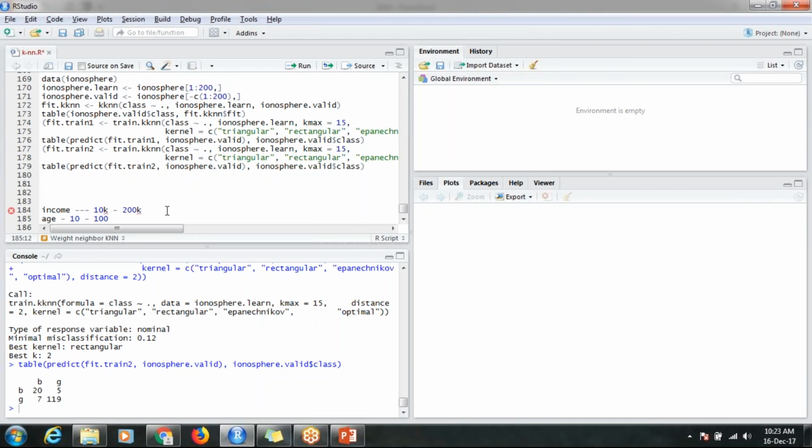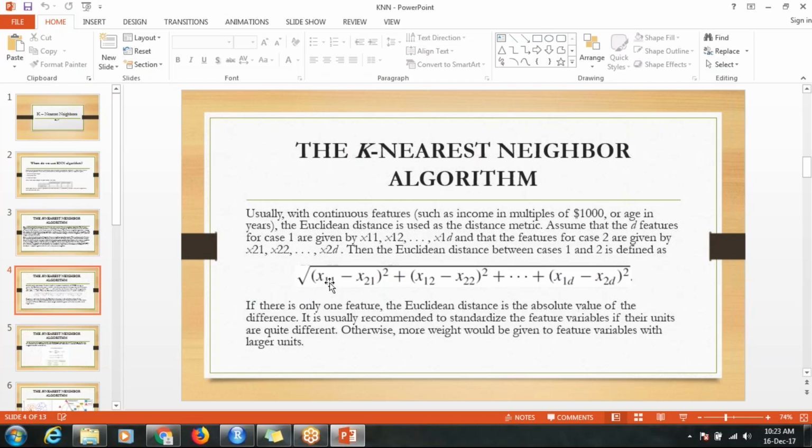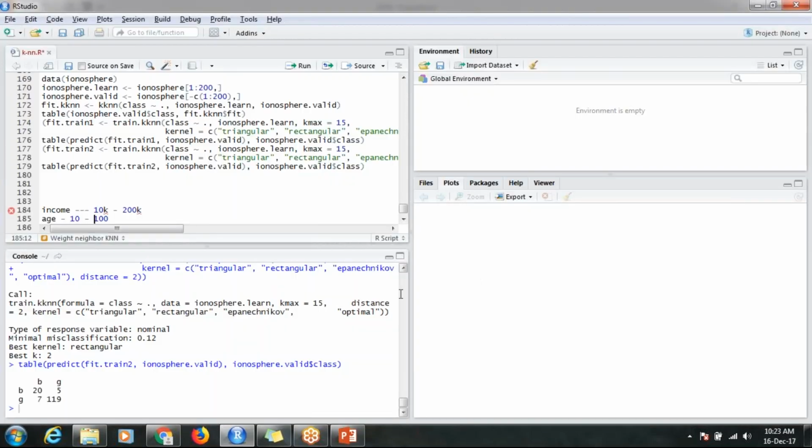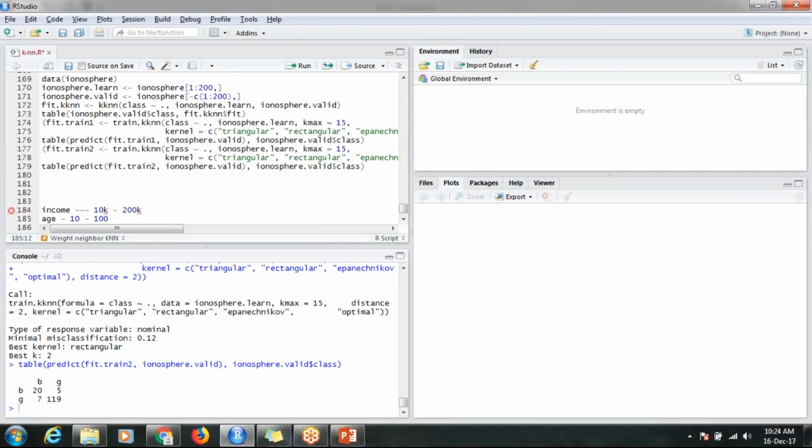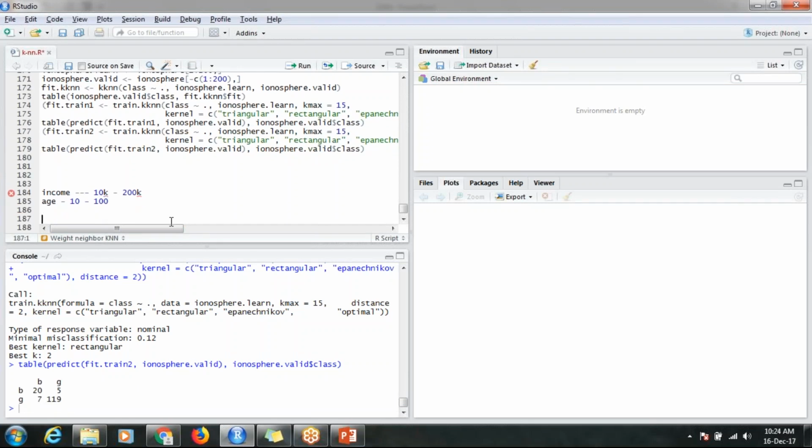So if I try to calculate the distance between them, income will always have a larger impact on the Euclidean distance. Income will always have an upper edge over my age. That is the problem we come across in Euclidean distance. So how do we mitigate this problem? We apply scaling or normalization.